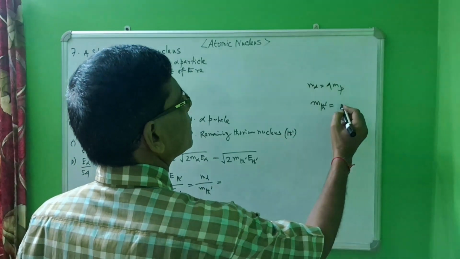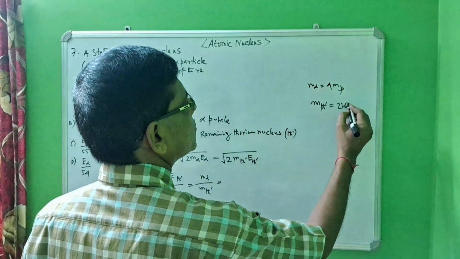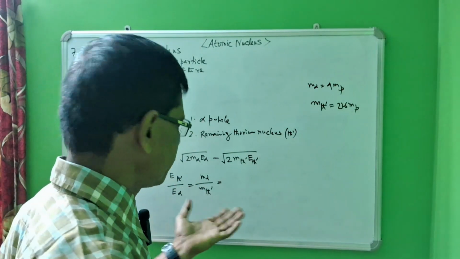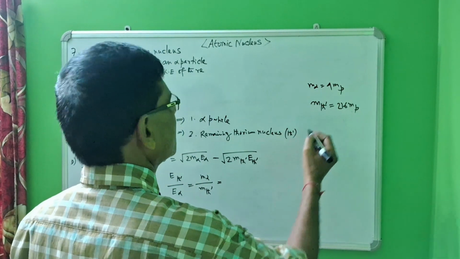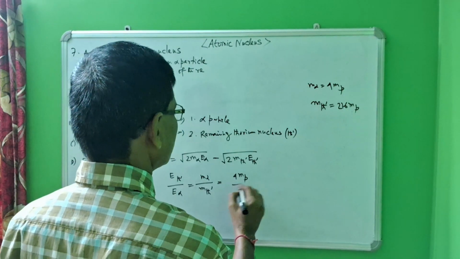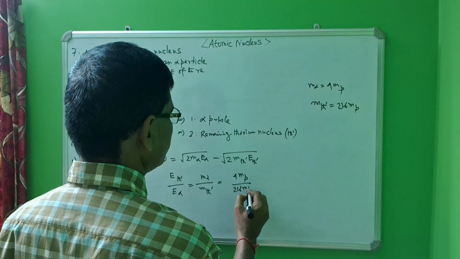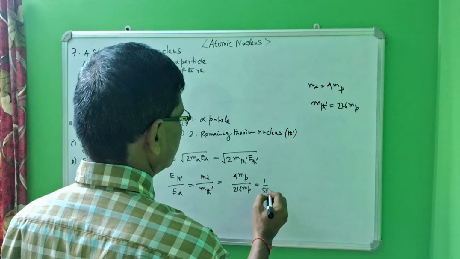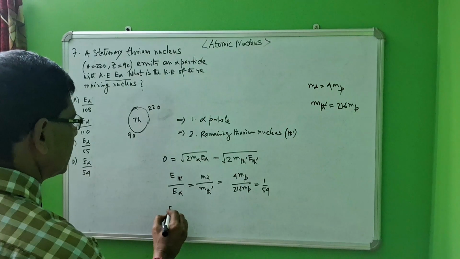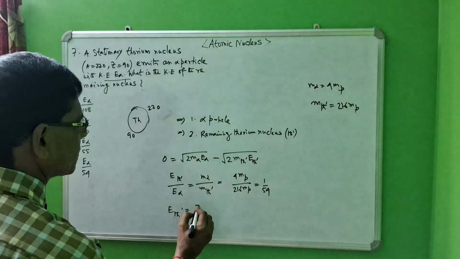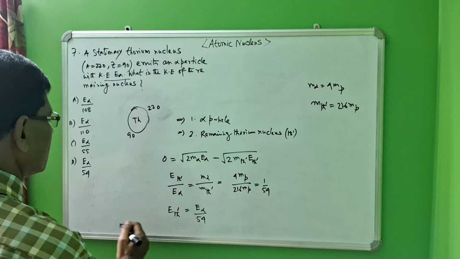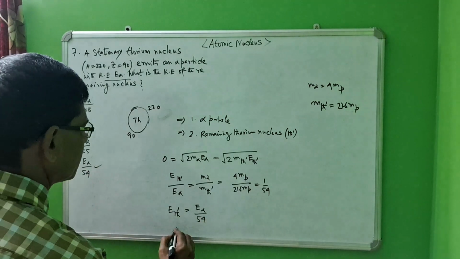So this will be 216 mp, and atomic number is inactive in this case. So 4 mp divided by 216 mp, we get 1 by 54. So E thorium dash equals E alpha upon 54. Answer D.